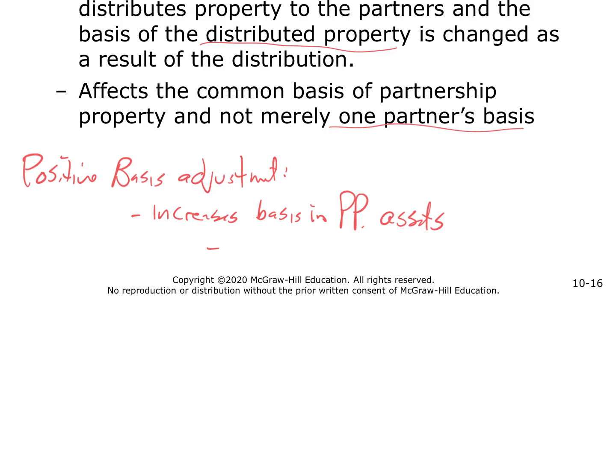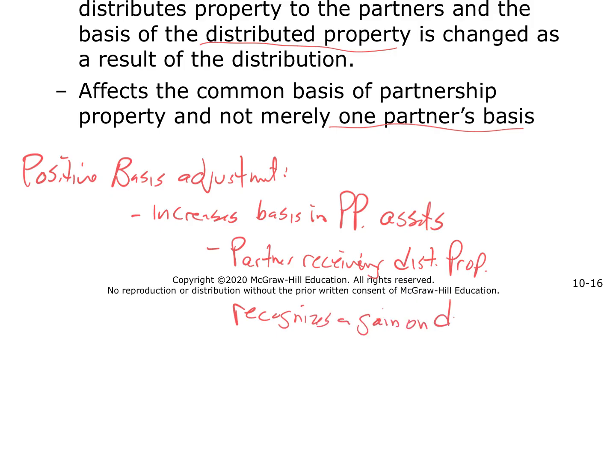When the partner receiving distributed property recognizes a gain on the distribution, and when the partner receiving the property takes a basis in the property less than the partnership's basis in the property.